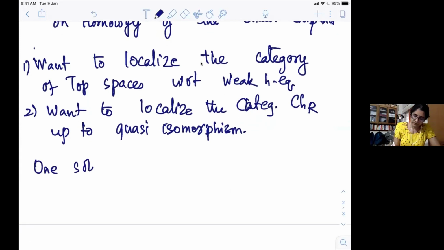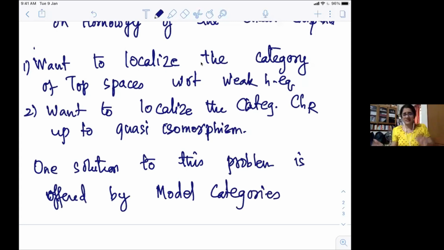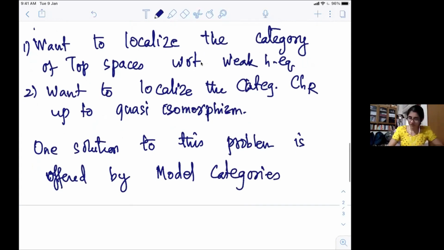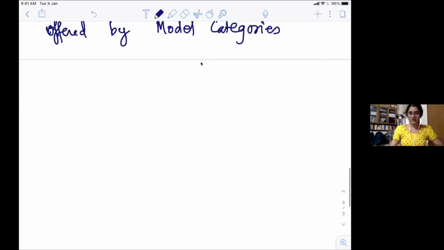One solution to this problem is offered by constructing what are called model categories. But a model category is much richer than that, and I'll tell you why in a bit. This is one motivation I'm just offering as a start.